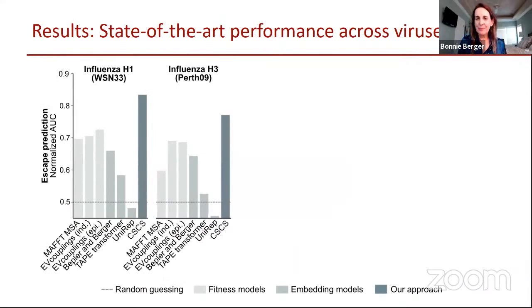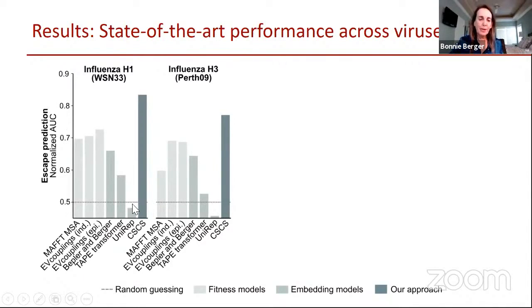We also compared our model to state-of-the-art models that also could be used for escape prediction. So the lighter ones are based on, let's say, just looking at the grammar of the model, or the fitness. And those show that they run on both types of influenza and show these viruses, or the surface proteins, have high fitness, and they associate that with high escape potential.